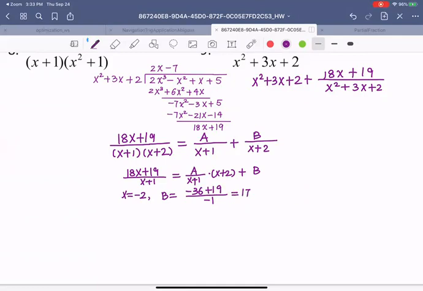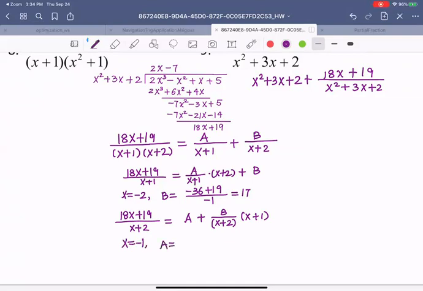Right. And when x equals, so we solve the b first, and then we times x plus 1. So this guy divided by x plus 2 equals a plus b times b divided by x plus 2 times x plus 1. And I'm going to let x equal -1.